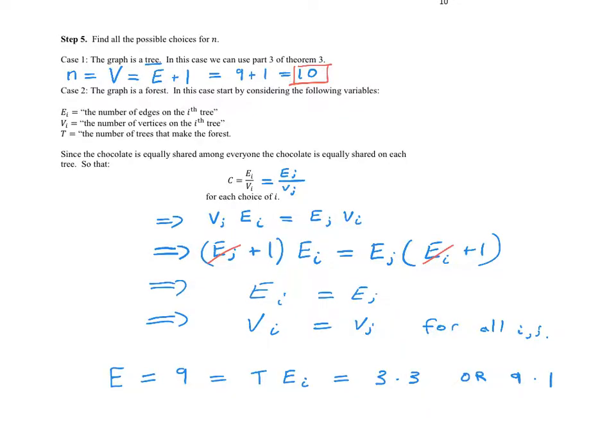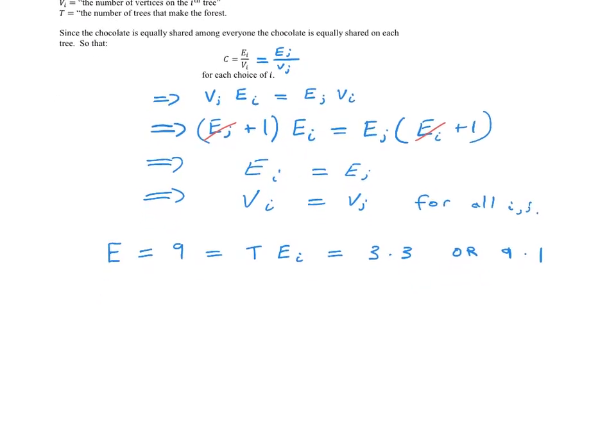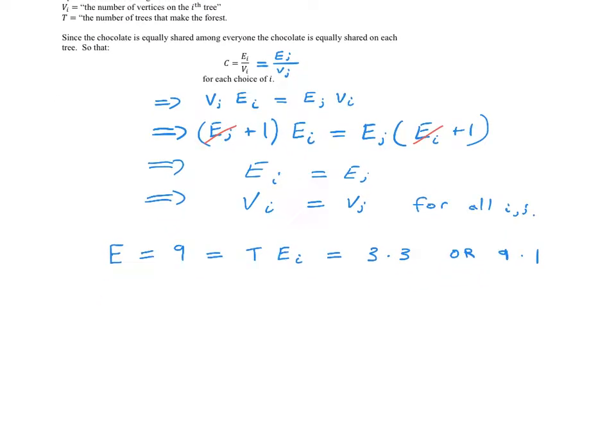So from here, let's take a look at the possible values for the vertices. So n is equal to capital V, the total number of vertices on our graph, and that is the same as the number of trees in our graph multiplied by the number of vertices on each tree.